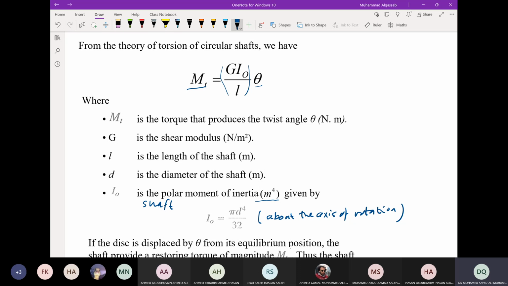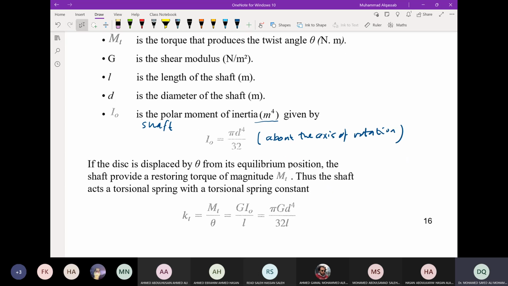Here we have the torque equal to K times theta. So this K is the torsional stiffness. Thus the shaft acts as a torsional spring with a torsional spring constant Kt, where t is for torsion, equal to Mt over theta equal to G Io over L.